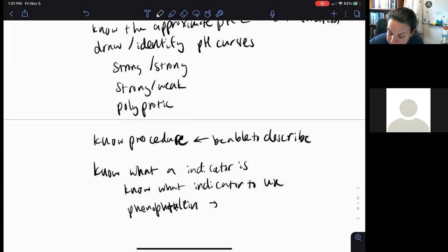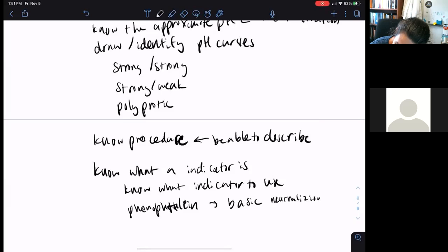This is for a basic neutralization, or sorry, I should probably actually go with equivalence. A basic equivalence pH.